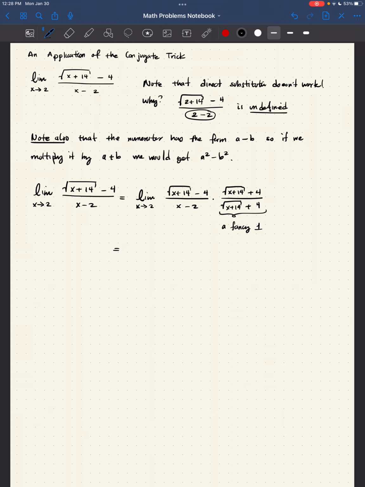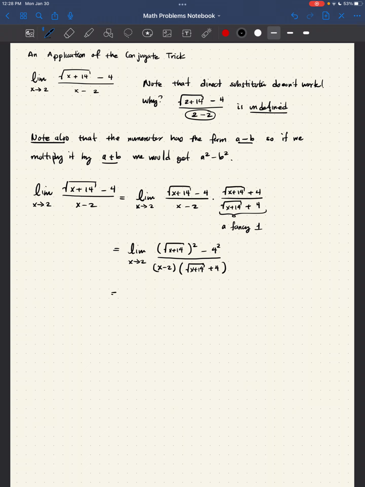So now I'm going to multiply. But this being a difference, just as the one that we wanted, it turns out to be this. This is the limit as x tends to 2 of the square root of x plus 14, now squared, minus 4 squared, now divided by x minus 2 times the square root of x plus 14 plus 4.